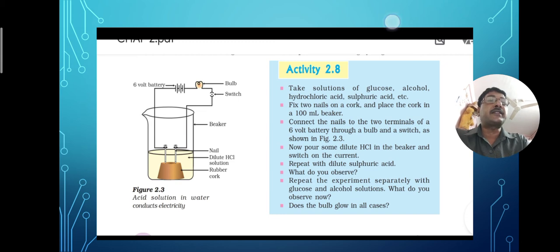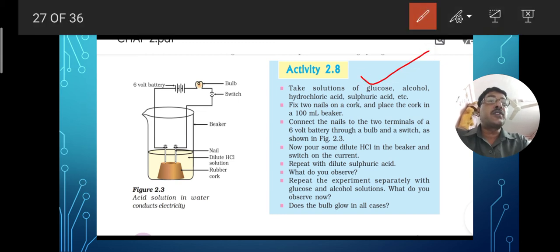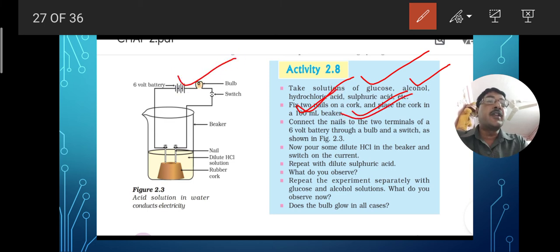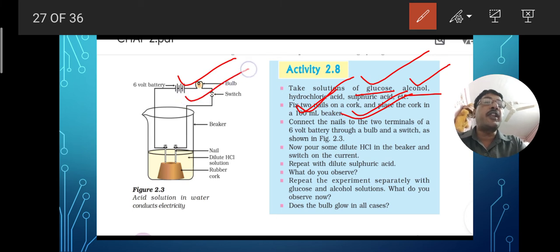So you can take glucose, or alcohol, hydrochloric acid, sulfuric acid, any one of them. But in the case of hydrochloric acid and sulfuric acid, this bulb will be glowing. But in the case of glucose and alcohol, this bulb will not be glowing because they contain hydrogen, but they do not produce hydrogen ions.